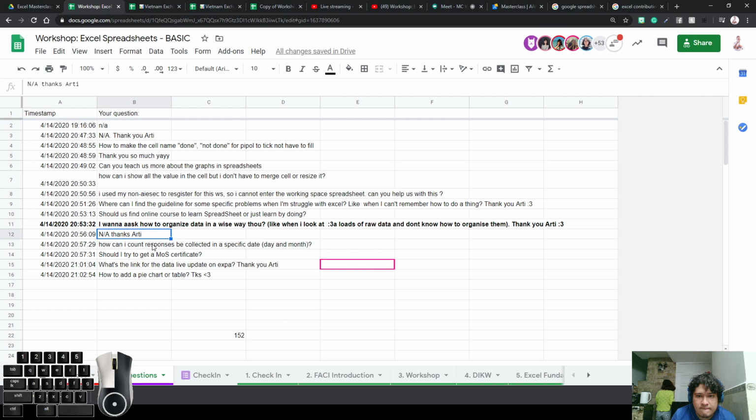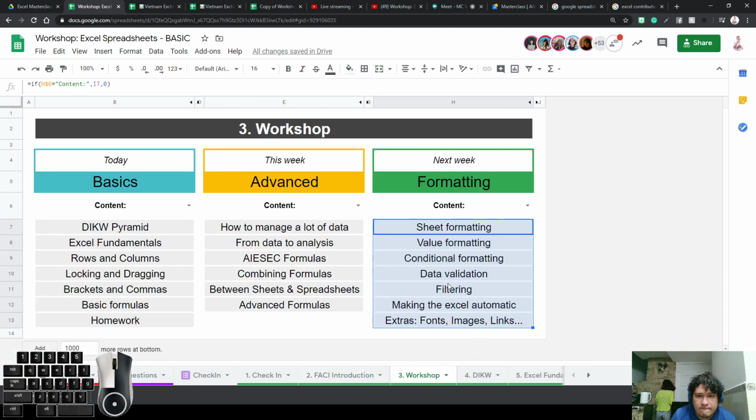How can I count responses to be collected in a specific date and a specific month? Excellent question. We can do that, yes, but that's gonna be in the advanced formulas. There is a beautiful formula where you match two types of information, and then you can take a third piece of information.